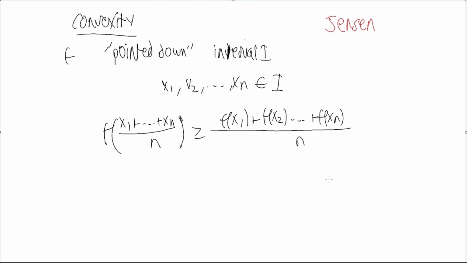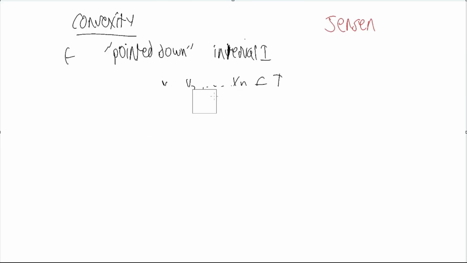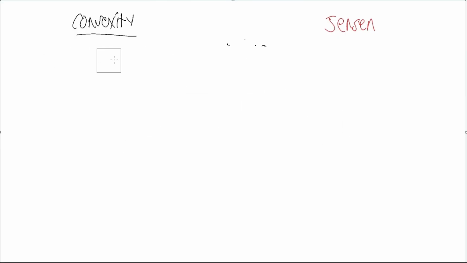But wait, you may ask, how do we know if a function is pointed up or pointed down? If you know calculus, then the answer is that if f is differentiable, or twice differentiable, it is pointed up on the interval I if f double prime of x is greater than or equal to 0. So that's when it is convex.